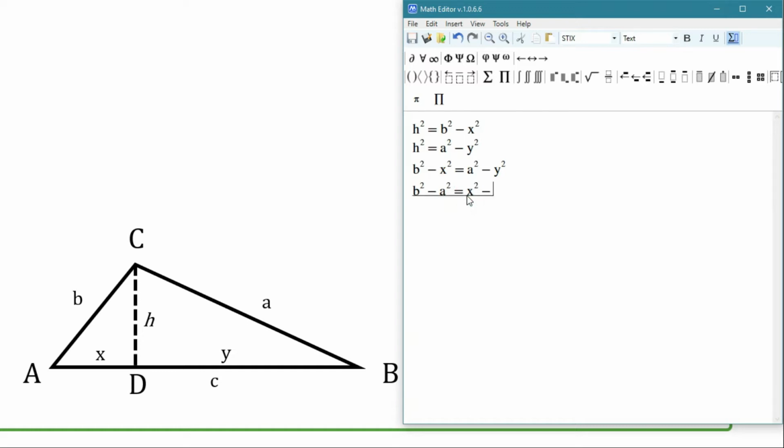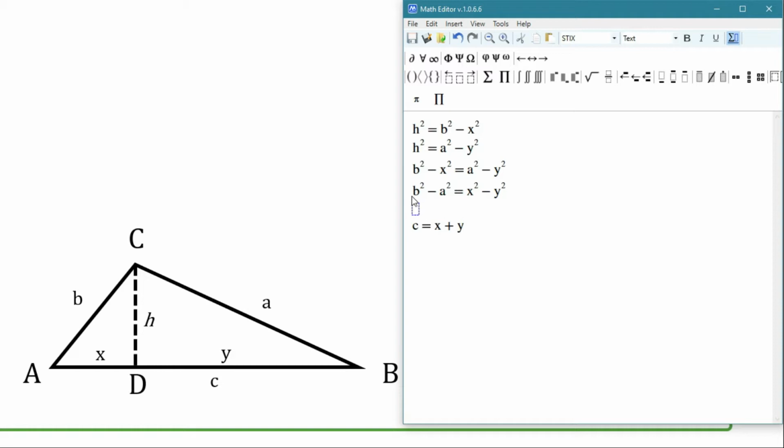Now, getting back to the illustration, side C was divided into two parts, X and Y. So we can say that C is equivalent to X plus Y.